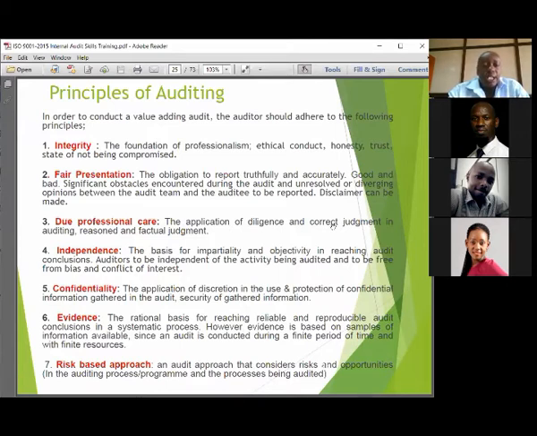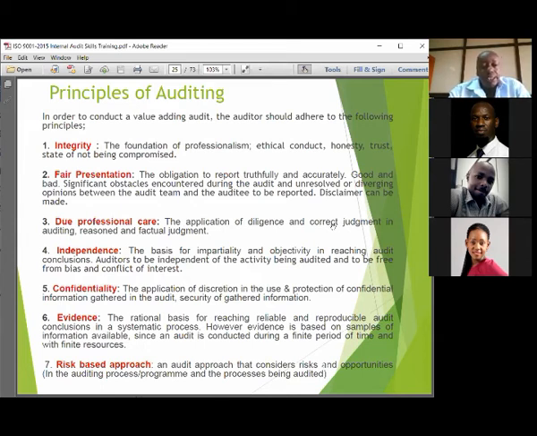So somebody else will come and audit. And if you feel there'll be a conflict of interest, you can always disqualify yourselves and maybe we give you another process to audit. If you feel auditing a certain process will bring out conflict of interest, you are free to say, and you'll be given any other process.